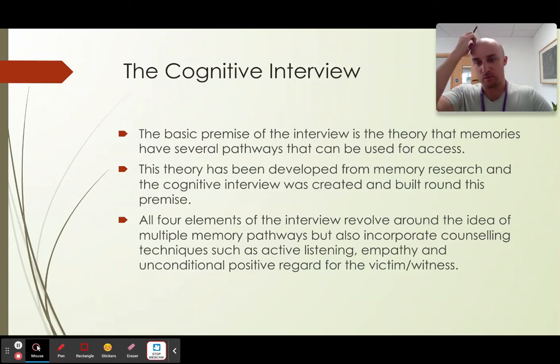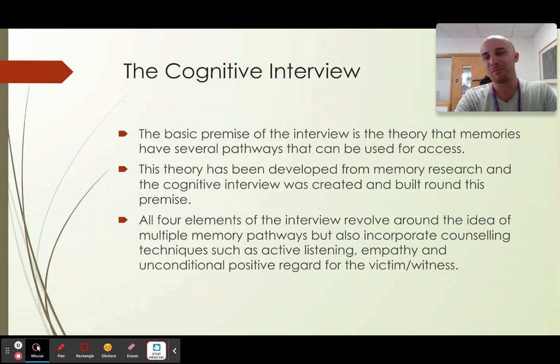The other thing I do just want to talk about very briefly as well, the police are not the most empathetic people sometimes when it comes to the standard police interview. What the cognitive interview is also really good at is showing empathy and unconditional positive regard. Empathy is an ability to put yourself in the shoes of the person. So again, not everybody is empathetic.